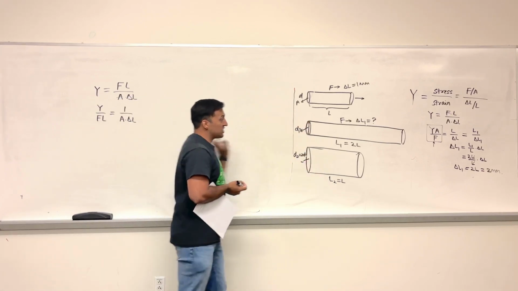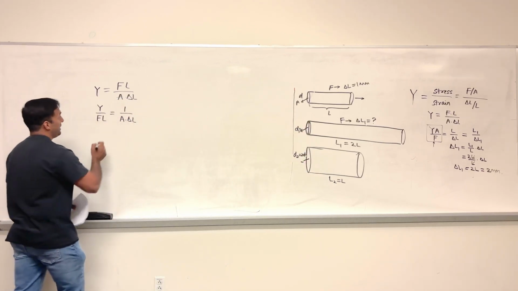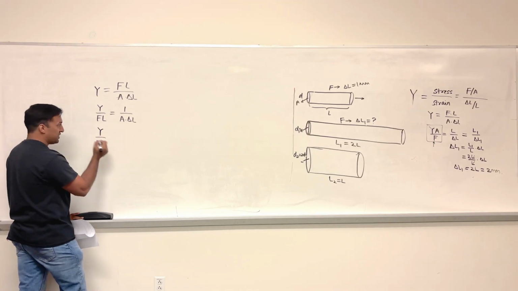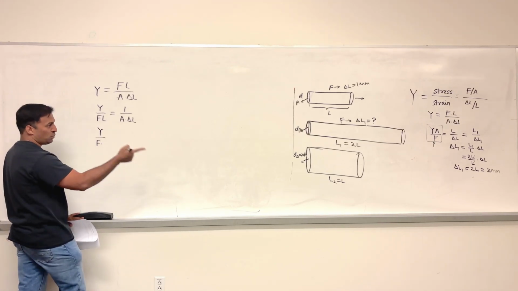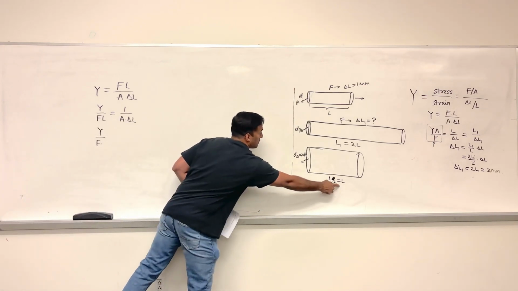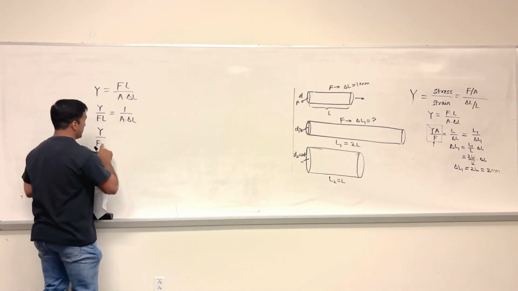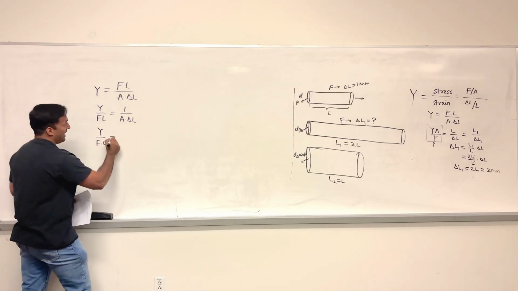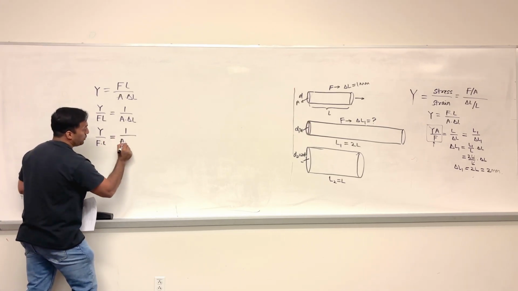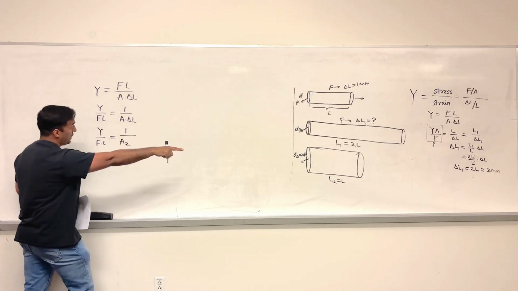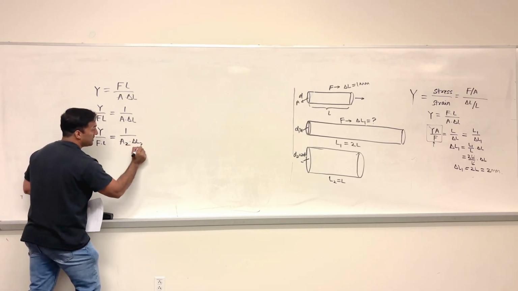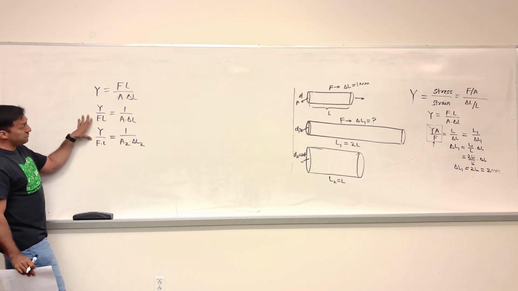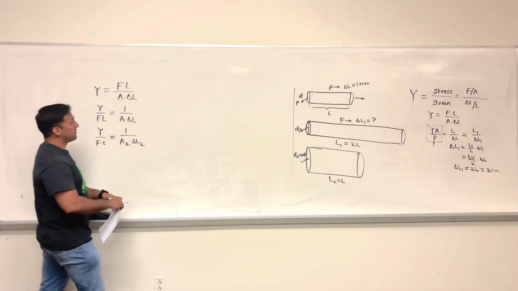Now I'm going to write this same relationship for this third wire. For this third wire, the left hand side stays the same because we have the same Young's modulus, the same force being applied to the third wire, and its length is also the same as the first wire. So it should be L2 here, but I'm going to write L because L2 is equal to L. And on the right hand side, we will have A2, the area of this third wire, times delta L2, which I want to calculate. Now I see that the left hand sides of these two expressions are equal, so the right hand sides should be equal.